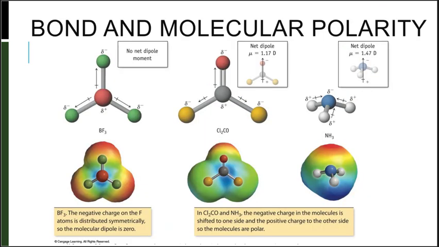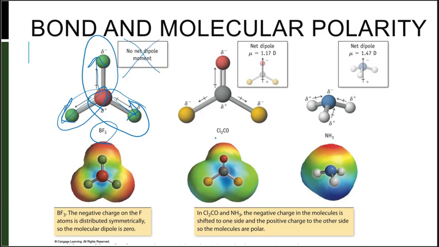Here are 3 other compounds we can look at. BF3, again, if I looked at each of these 3 bonds, we would see that they're polar. And notice, they are pulling in equal and opposite directions. They cancel each other out. So BF3 is nonpolar. There is no net dipole. Let's look at Cl2CO.